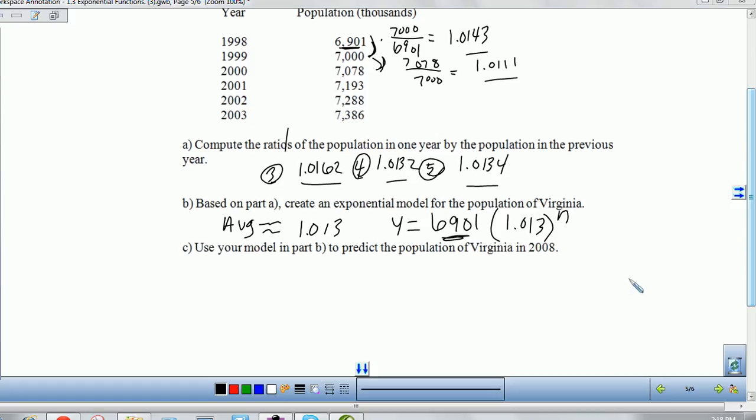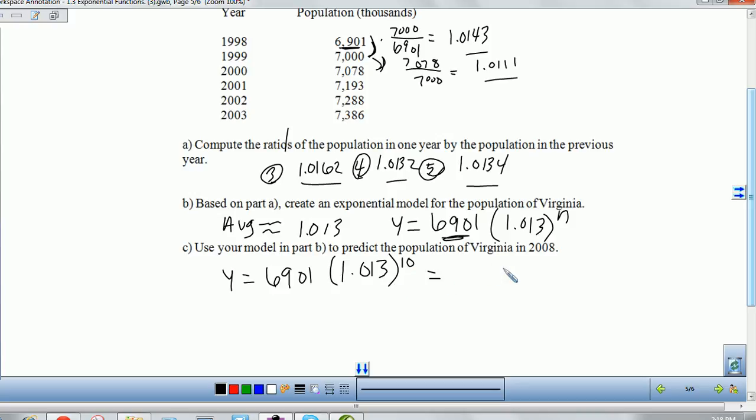And then C, use your model in part B to predict the population of Virginia in 2008. Okay, so the population of Virginia in 2008, so that's going to be 10 years after we started this model. And so we would take 6,901, and n is your years after 1998. So 6,901 times 1.013 to the 10th.